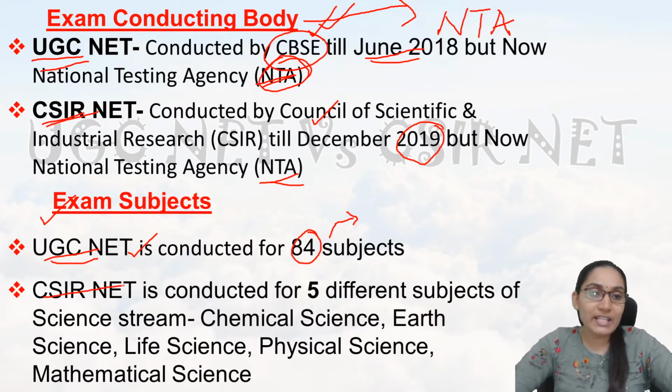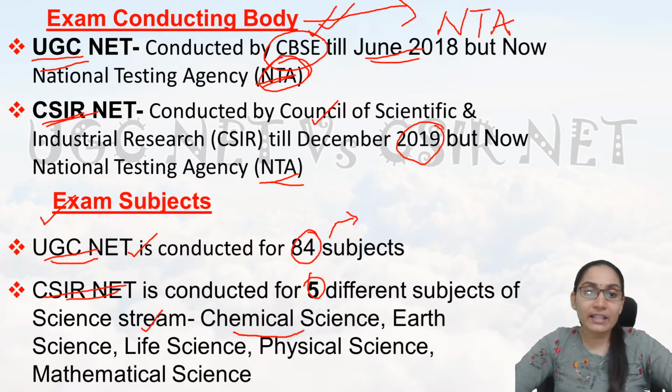Now in the case of CSIR NET, since it is related to science, earlier it was conducted by the Council of Scientific and Industrial Research also. CSIR NET is conducted only for 5 subjects, and these 5 subjects are from the science stream.